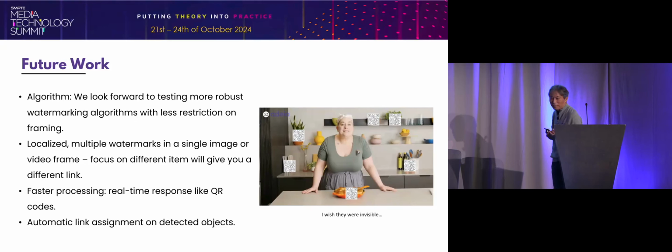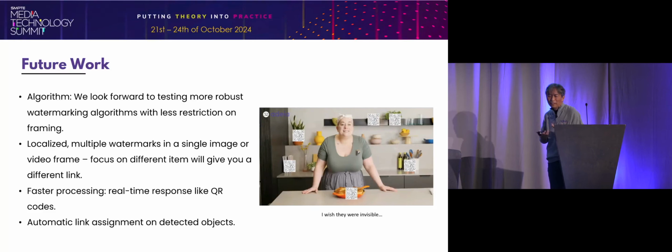Another one is localized watermark. As you see in this video I explained to you, the watermark works like an invisible QR code. If you put a QR code on every object in this picture, it's really annoying and distracting.